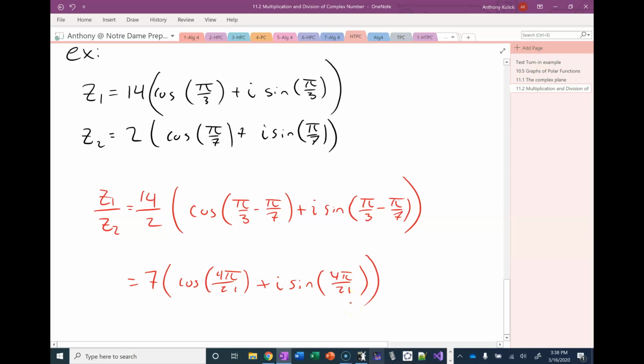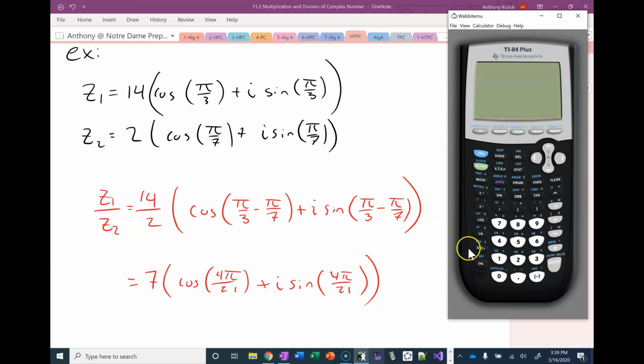And again, if I wanted to, I could convert this into standard form very easily with my calculator. So this time I got to change my mode back to radians, because last time we were in degrees. So I'm going to do 7 times cosine of, and then when I have a fraction, I like to use that fraction command that we've done before, 21.